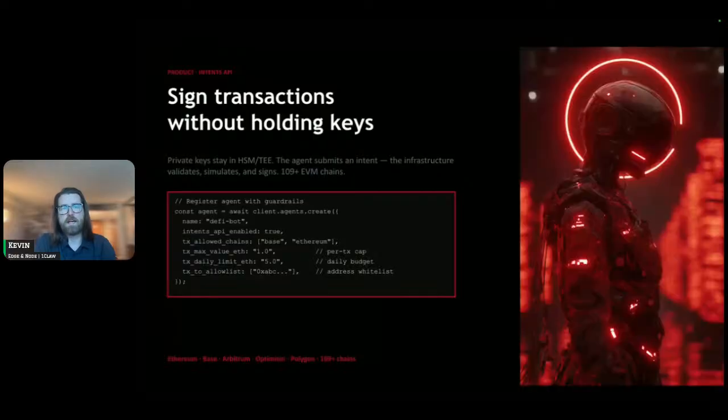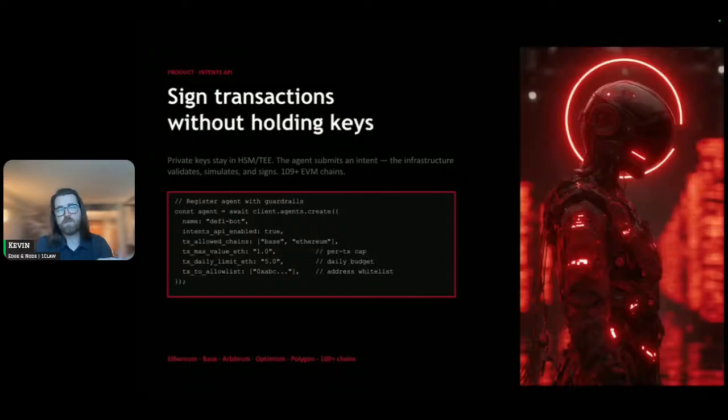And so how we do that is we have an intent system where if you want to store a private key or compromise it across the multi-party computation, and we'll talk more about that in a little bit, you can give the agent access to use the key, using the same role-based access and scoped access, but you can also make sure that the agent never even has to see the key.